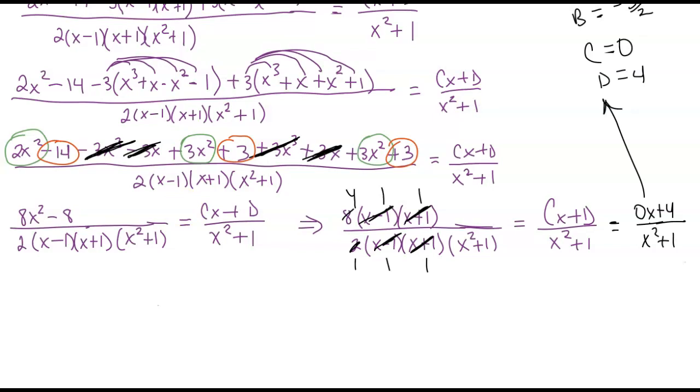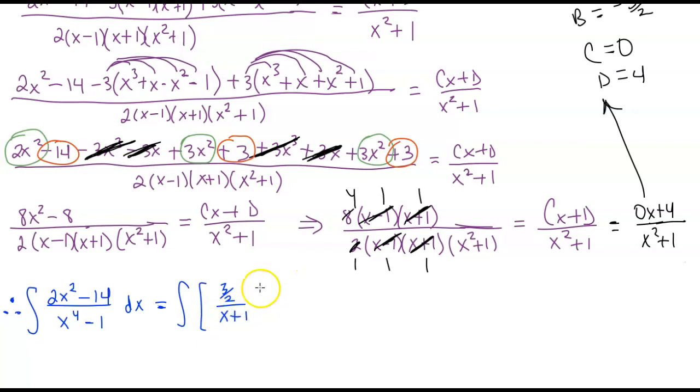And let's do a different color here. Finish up. So therefore, we know that if we take the integral of 2x squared minus 14 divided by x raised to the 4 minus 1 dx, then we know that we can essentially rewrite this as 3 over 2 divided by x plus 1.